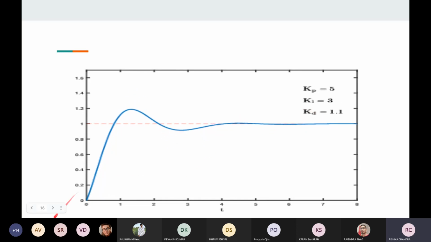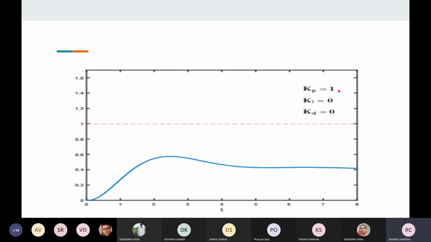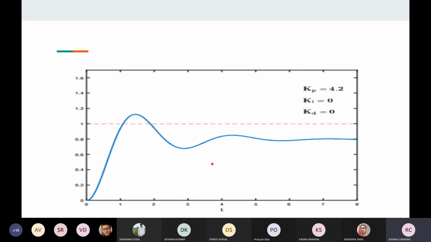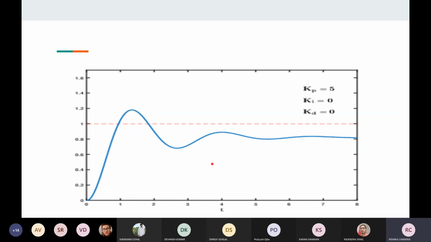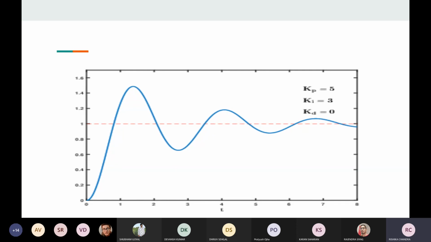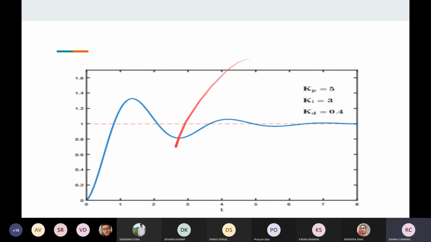Now KD is increasing, so it's coming to the steady state faster. See, KP is 1 here, so it's not overshooting that much. The error is large, but the value of KP is small, so it isn't much significant, right? Got this?